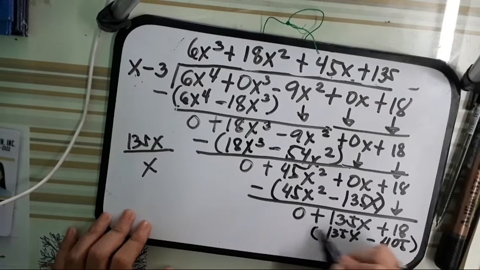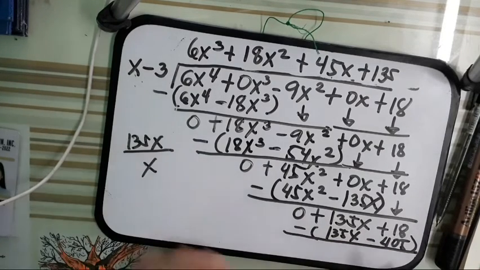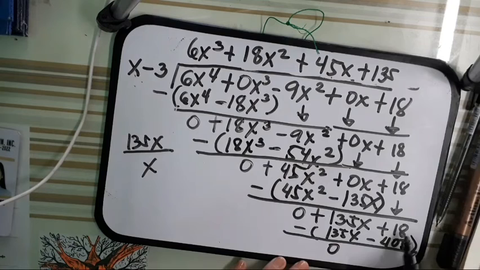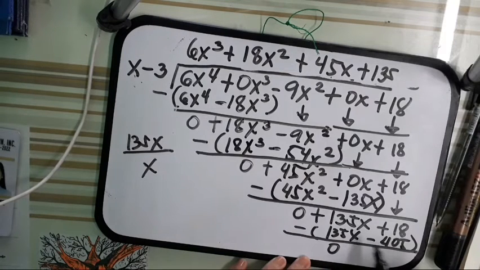Then we subtract again. So 135x minus 135x is 0. Now positive 18 minus negative 405 is the same with positive 18 plus 405. That is equal to positive 423.